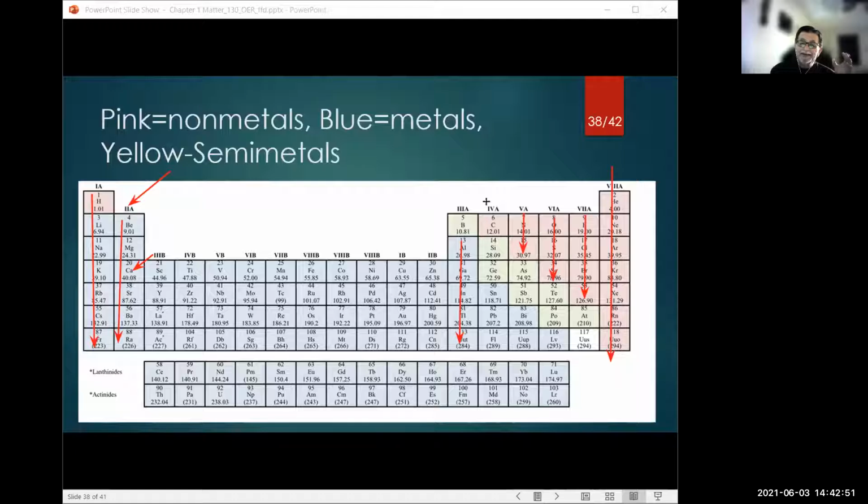Here's the next one, carbon. You might want to say, okay, it's in group 4. What do I do now? Well, guess what? Being in group 4, think of it as being on the fence. You're going to fall to your left or you're going to fall to the right.